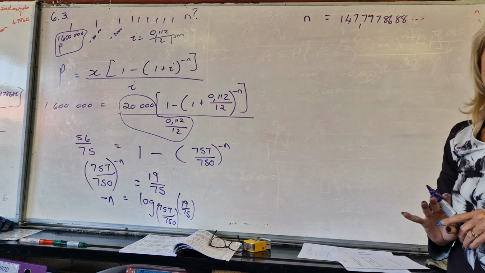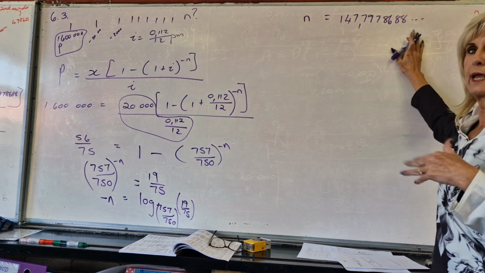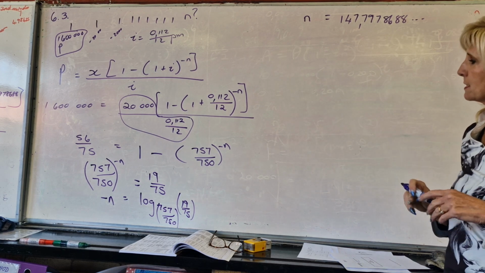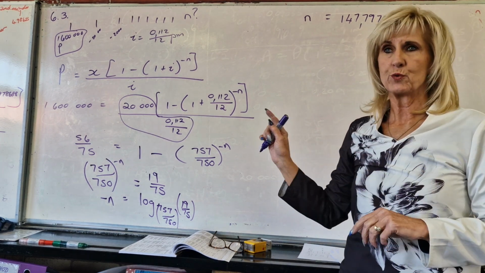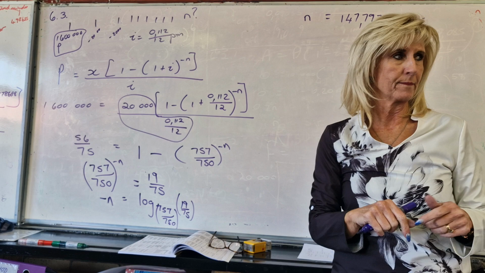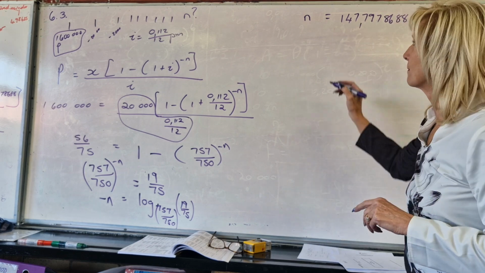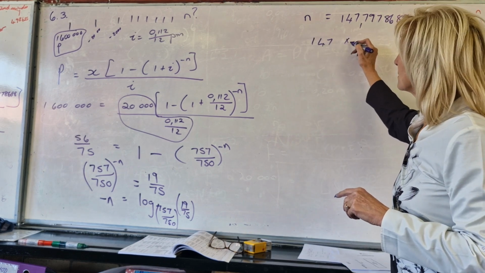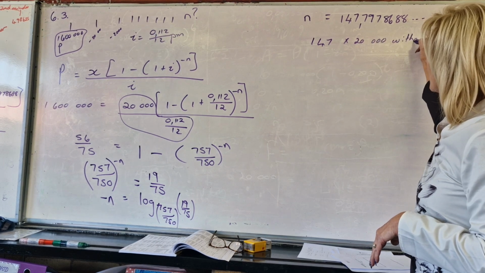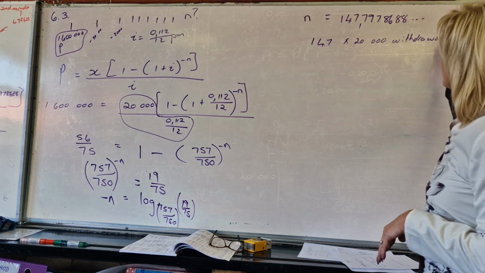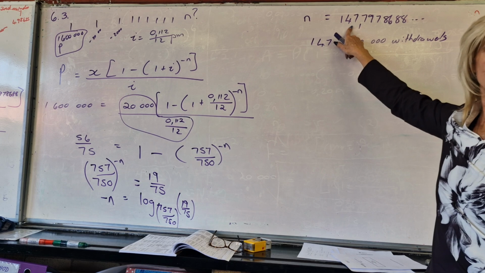This was not the question. I'm putting this there because I'm going to add something. The question says, how many withdrawals of 20,000 will you be able to make? 147. 147 times 20,000 withdrawals. Normally we would say, but round it off, it's 148.